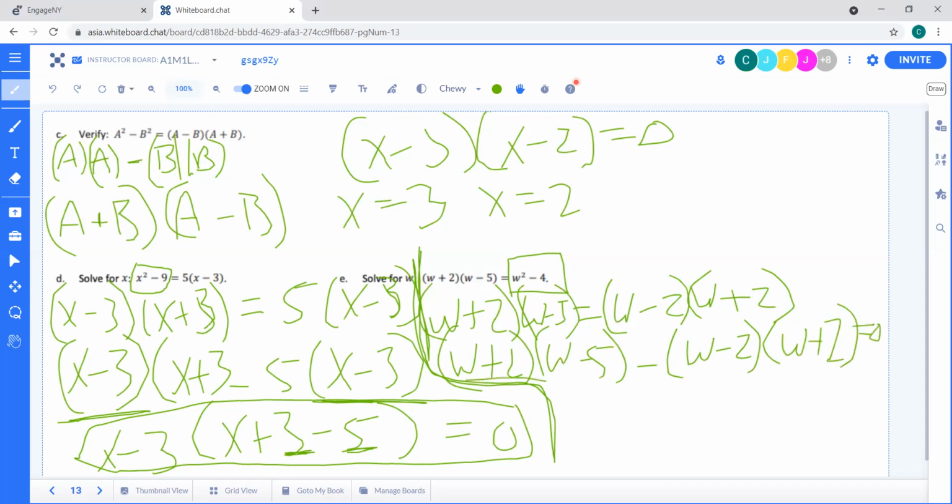Now I have two common terms, w plus 2, so we'll factor that out. And that's going to leave me with w minus 5 minus w minus 2. Go ahead and do minus w plus 2.